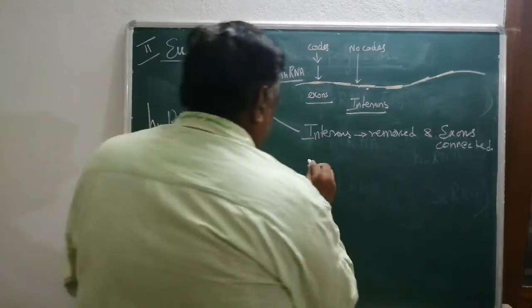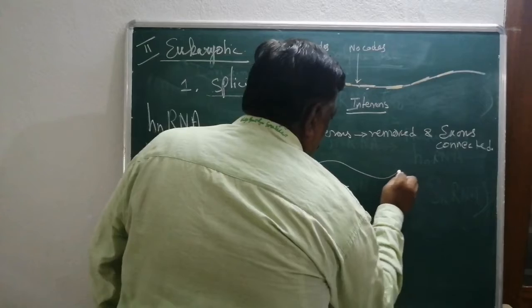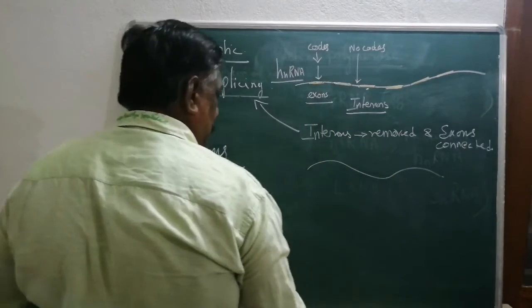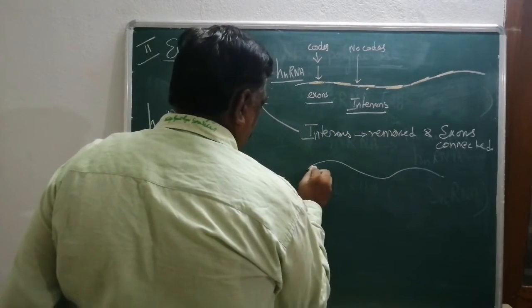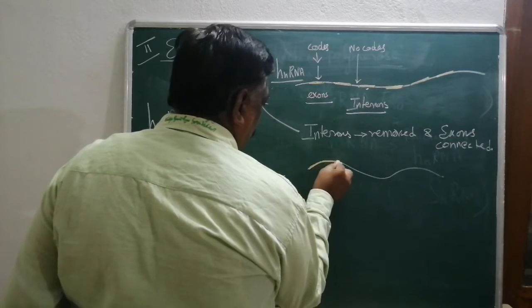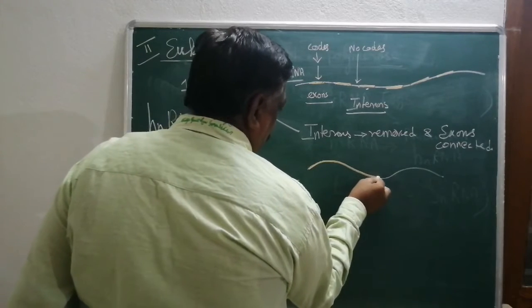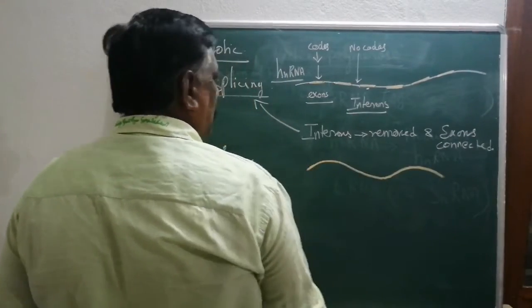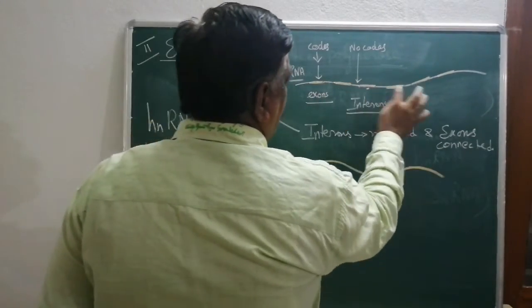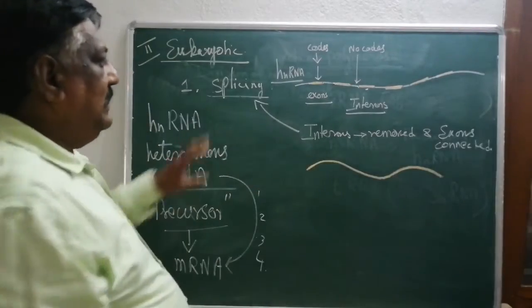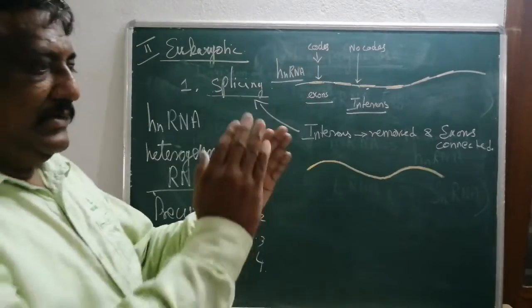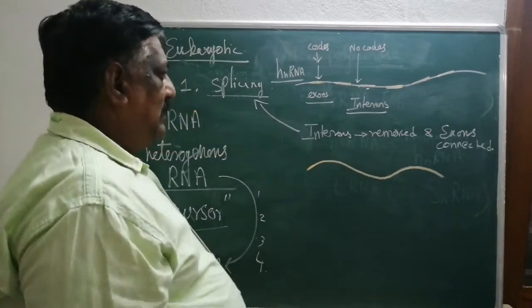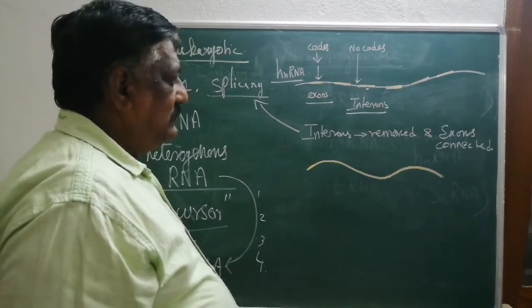It looks like this. So there are no gaps, no white regions. Now trimming is done. Some makeup work is over, splicing is over.